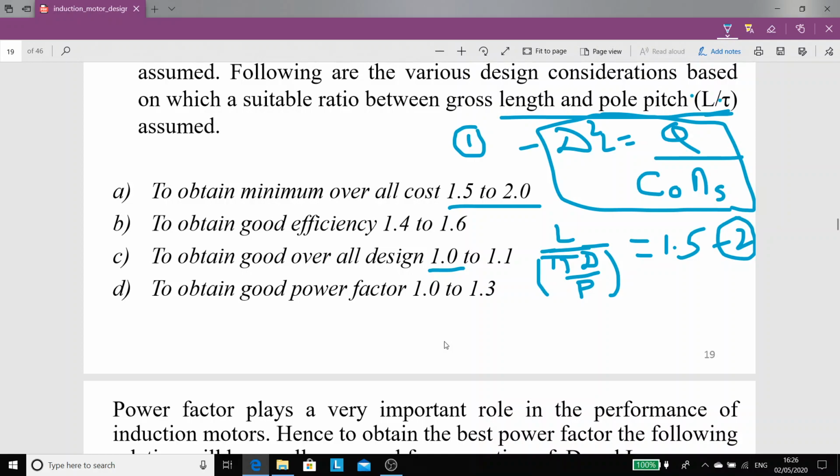And then the second restriction, or second constraint, this is the constraint from the lower side of D. Now if your ratio increases higher and higher, your diameter decreases. Similarly, if I decrease that ratio on the lower side, the diameter increases. And if the diameter increases to higher and higher values, then what will happen?